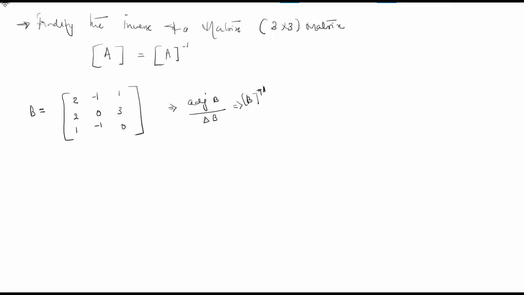So the adjoint of B is equal to, there is a specific way to find the adjoint of the matrix, so I will write down how to find each element of the adjoint of the matrix.